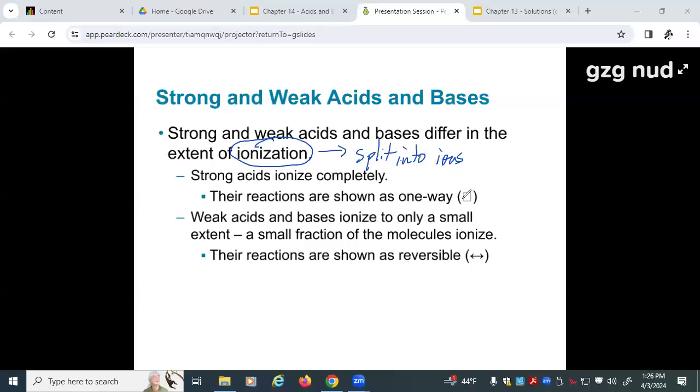So one thing that we have to recognize about acids and bases is that when we consider them to be strong, we would consider their ionization to be complete, 100%. And that shows up in a chemical reaction as a one-way reaction.